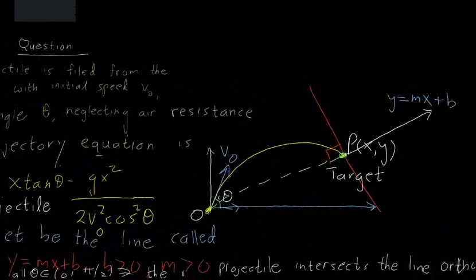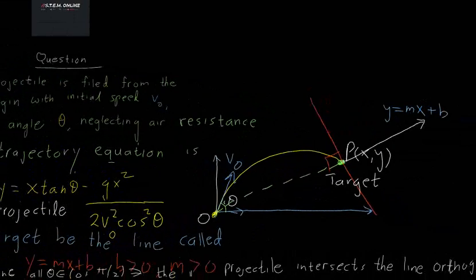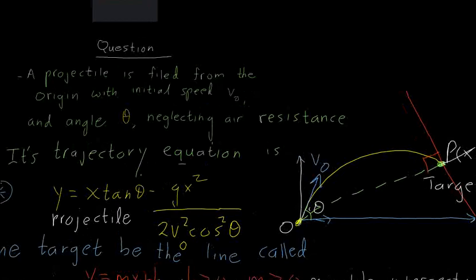And that means that the real hidden concept here is not just projectile motion, okay? It's a mixture of using calculus and geometry. As you can see here, geometrically, I've drawn the projectile. And since our projectile is modeled with speed V0 and angle theta, its trajectory equation is given by this guy right here.